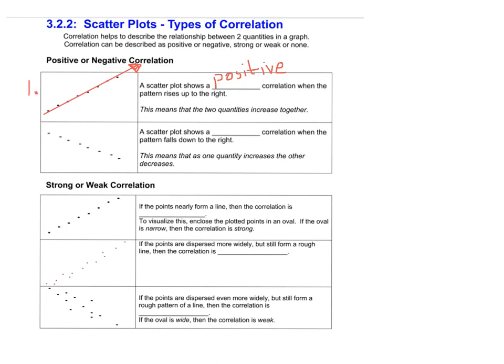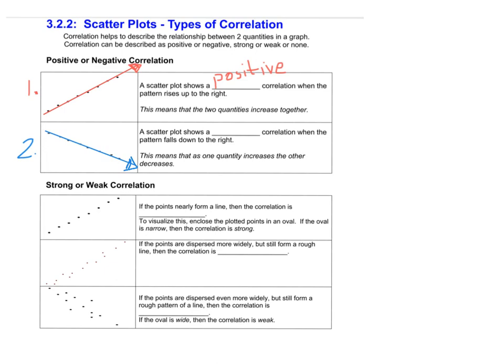If we take a look at the next one, we can see that this is the opposite. If we were also to draw a line of best fit for this, and I'll take out my ruler here as well, it would look something like this. And we could see that this is going downwards. If we read from left to right, this is going down and to the right.